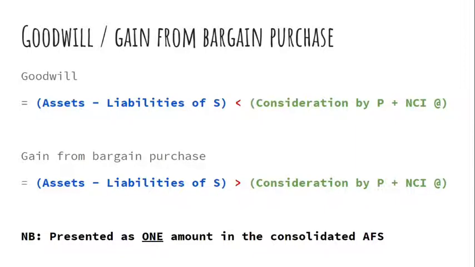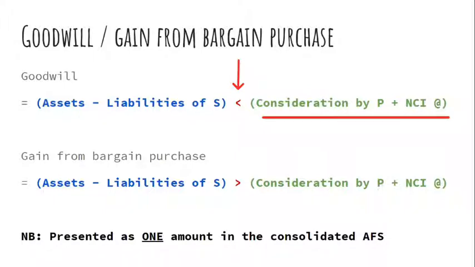So I've summarized it here that goodwill would be the situation where what the parent was willing to pay for his proportionate share, together with the parent's measurement of NCI at acquisition date, is higher than the net asset value of S at acquisition date, which is represented by their equity at acquisition date.